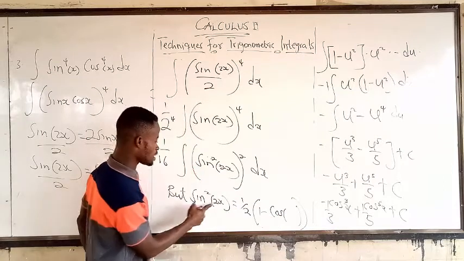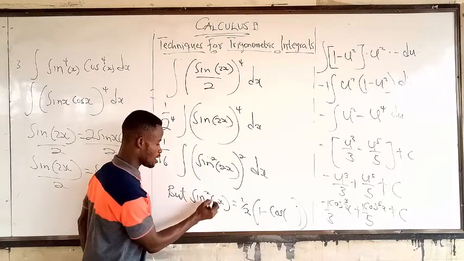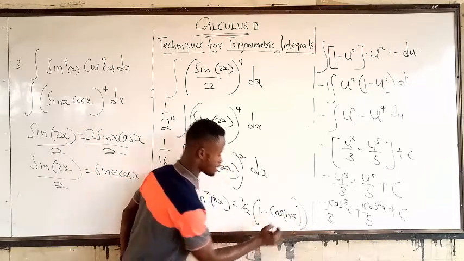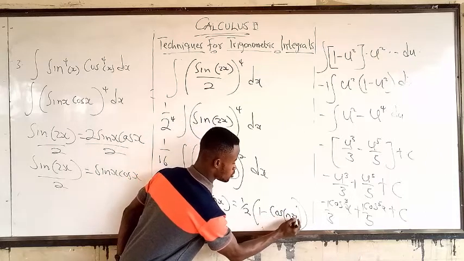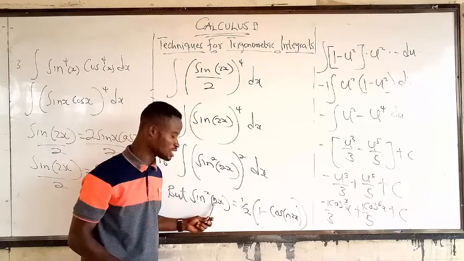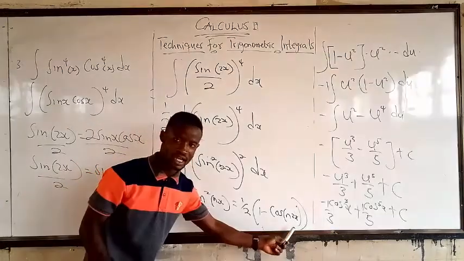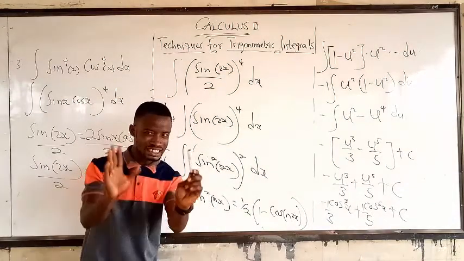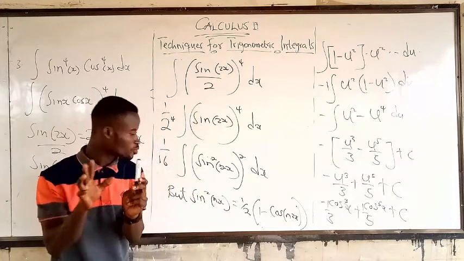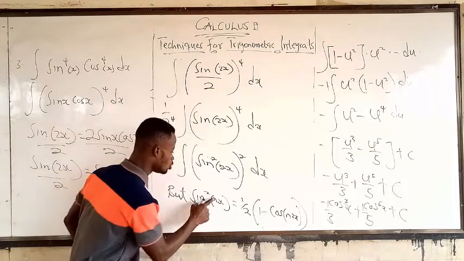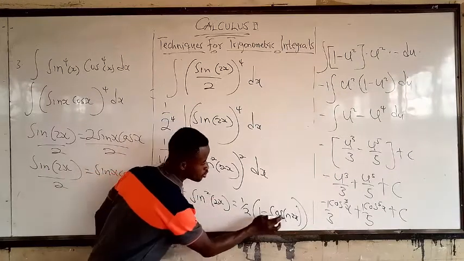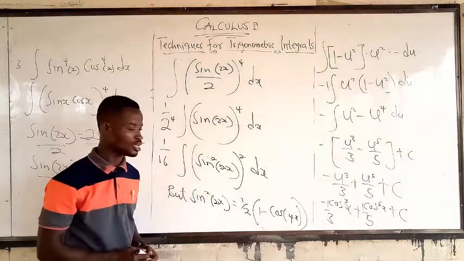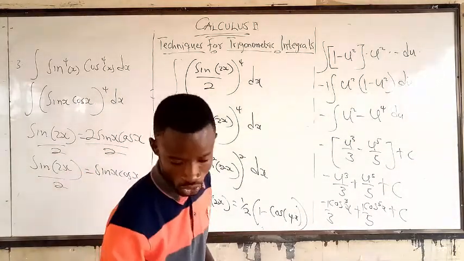Very good. If the coefficient here is 1, here will be 2x. If the coefficient here is 2, multiplied, you get 4. That is how it is. Please, always don't forget that in half angle. So here now that we have 2, we are going to get 4x. Now we can see that. Very good.